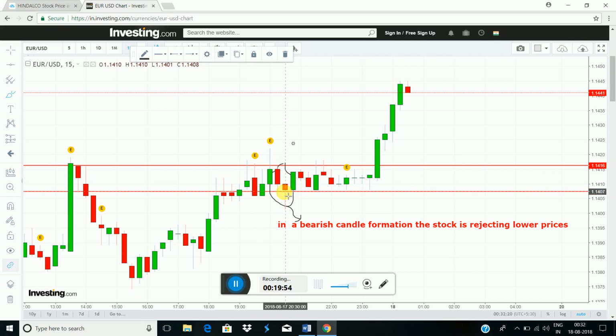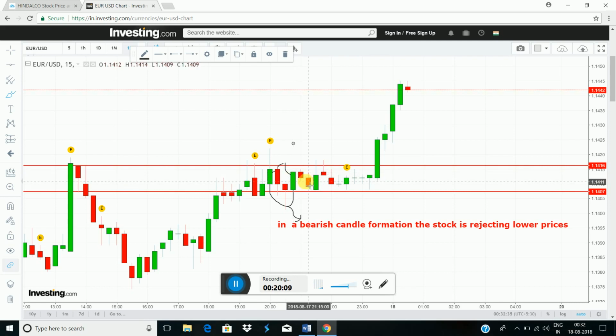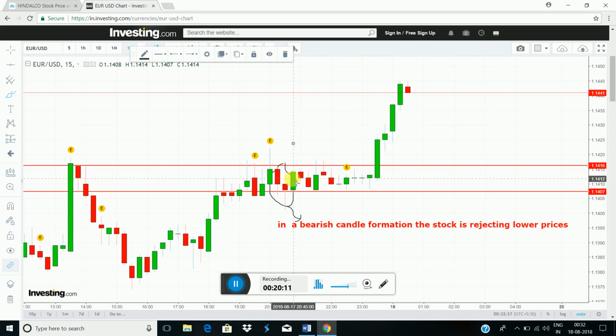And then this is confirmed in this very big bullish candle, showing the strength of buyers. So again bullish. And now you see these two red candles compared to this green candle are very, very small. And what does a small candle show us?